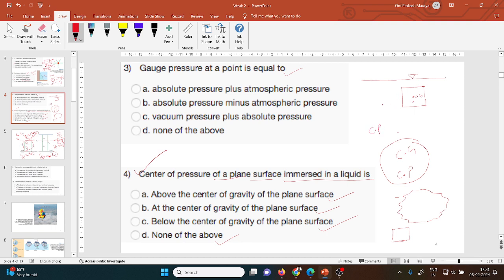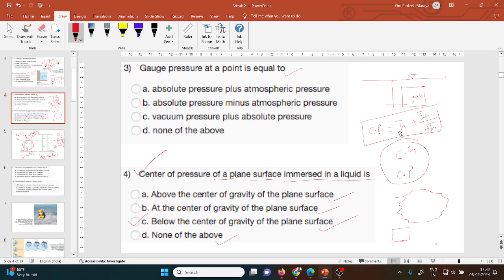You know the formula for the center of pressure height. The calculation is h bar plus I G by A h bar. So this is the formula for the center of pressure. So the center of pressure is always greater than, or below, the center of gravity or centroid of the surface. So always remember, option C is correct: below the center of gravity of the plane surface.